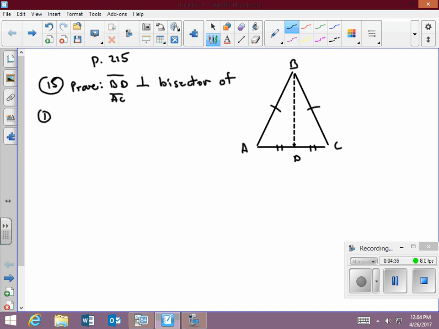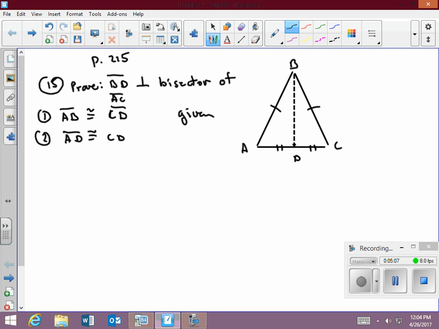Okay, so the first thing is that AB is congruent, because it's a proof, to CB, and that's given. I'm going to show those 2 triangles are congruent. Then AD is congruent to CD.